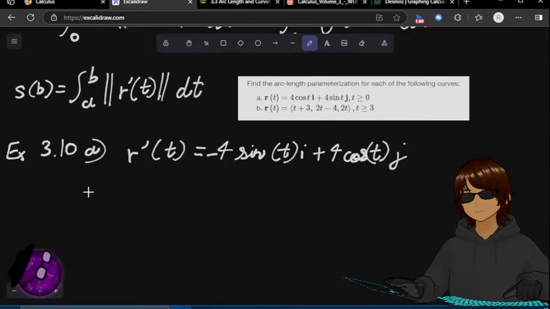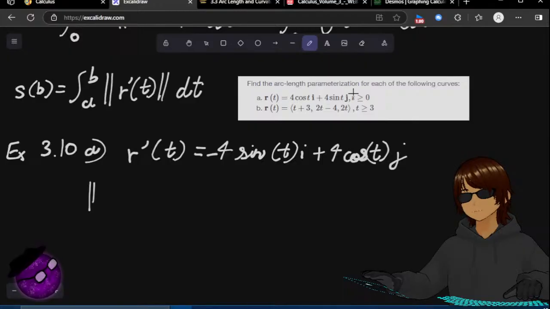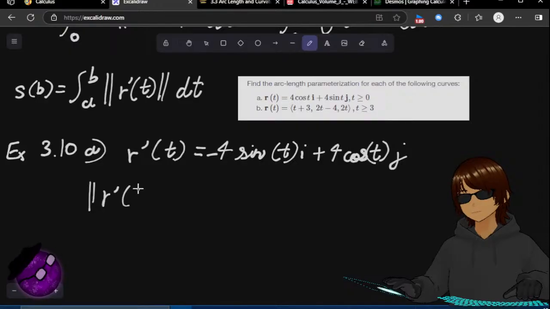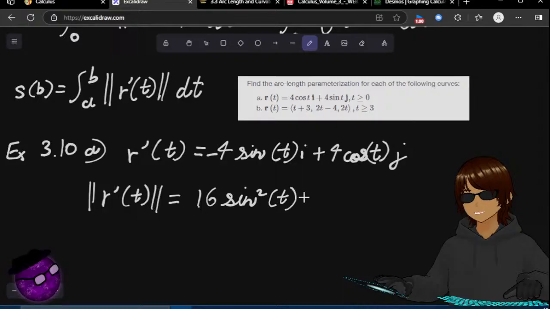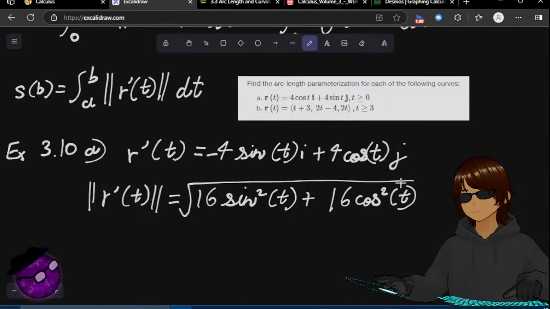And what else? The length is this square, so 16 sine square t plus 16 cos square t, and then since they will both add up to 1, we'll be left with just 16. So we are left with 4.